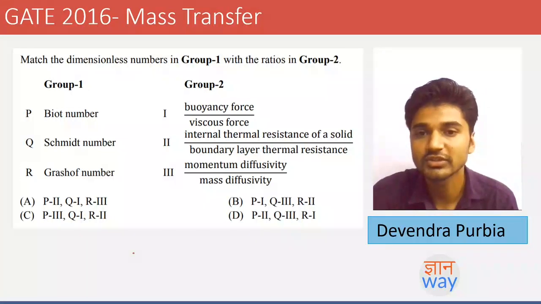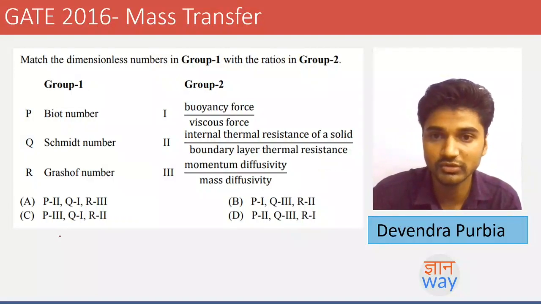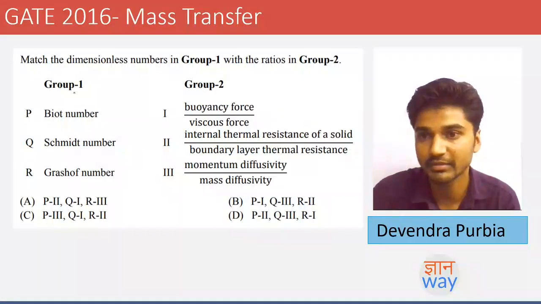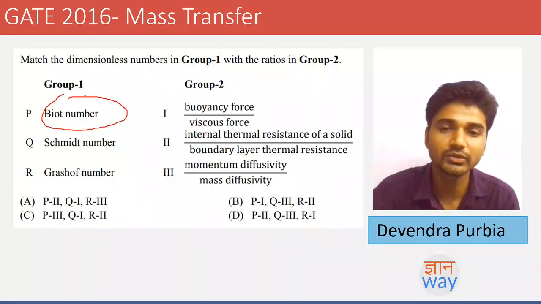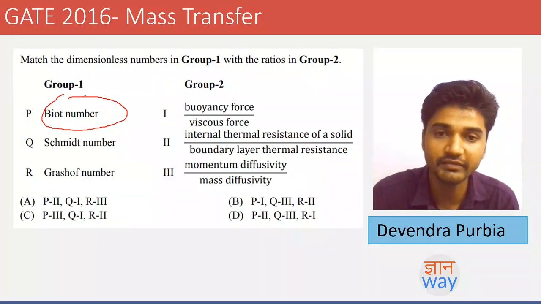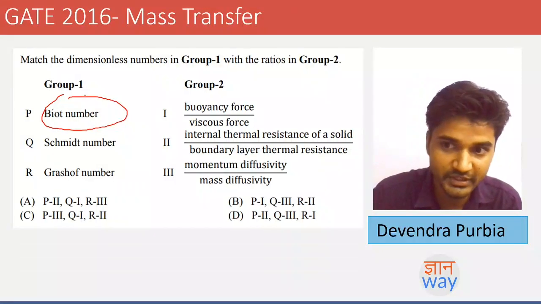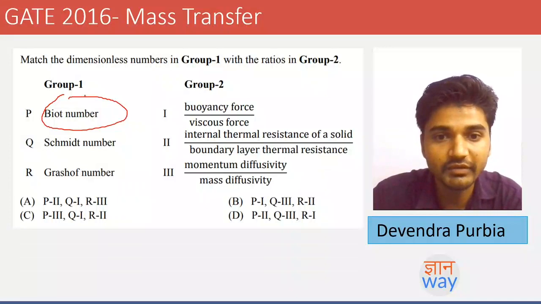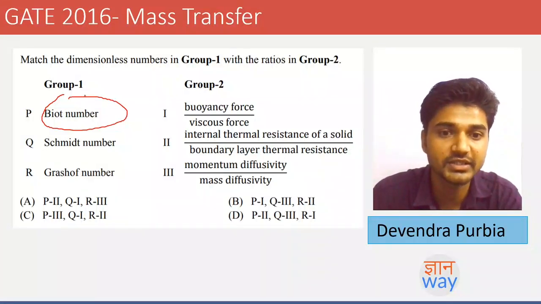So here you should know the formulas and the physical meanings of different dimensionless numbers. The Biot number is similar to the Nusselt number, but the Nusselt number is the ratio of convective heat transfer in liquid to conductive heat transfer in liquid, whereas the Biot number is the ratio of the thermal resistance in a solid to the boundary layer thermal resistance in liquid.